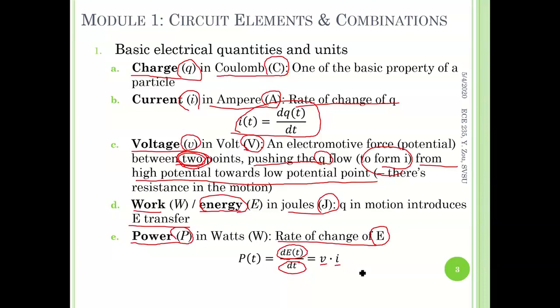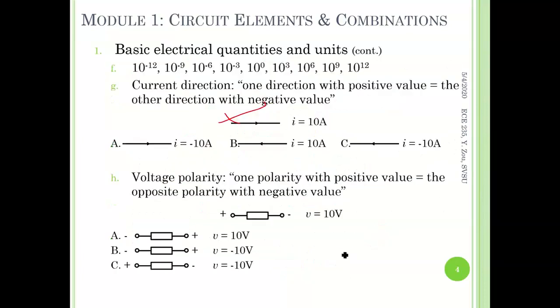Okay, these are the basic concepts. With them, we keep talking about the quantities and units here. So let's review the prefixes. No matter what kind of units we are going to use, we can always come across these prefixes as part of the quantities.